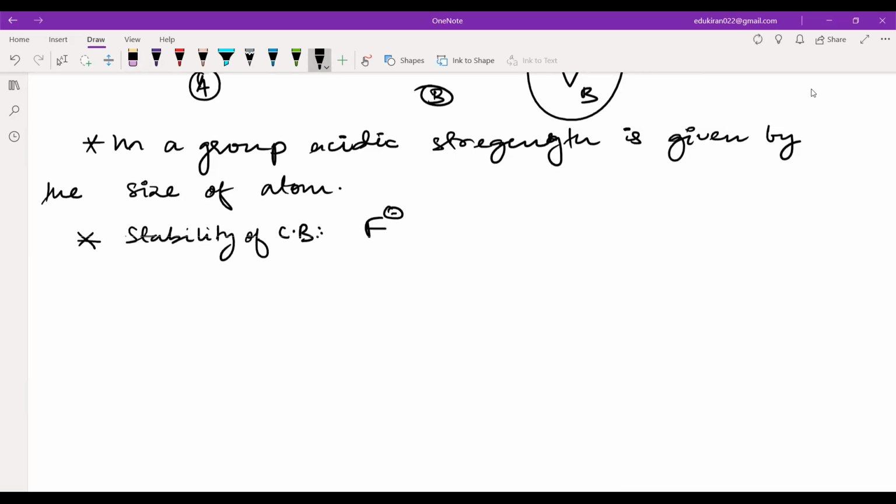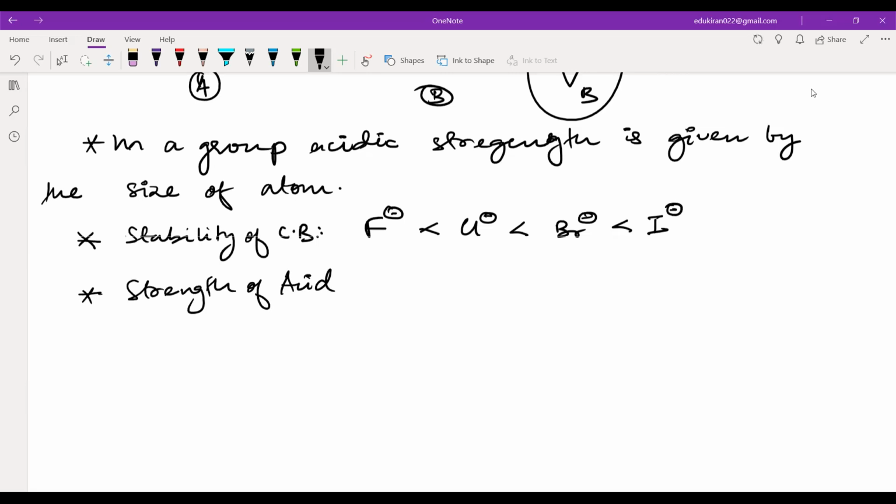So F negative will be least stable, followed by Cl negative, followed by Br negative, followed by I negative, right? Followed by I negative. And then I can also say strength of acid will be: HF will be least acidic, followed by HCl, followed by HBr, followed by HI.